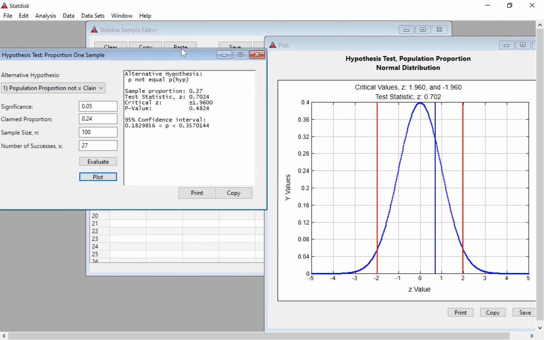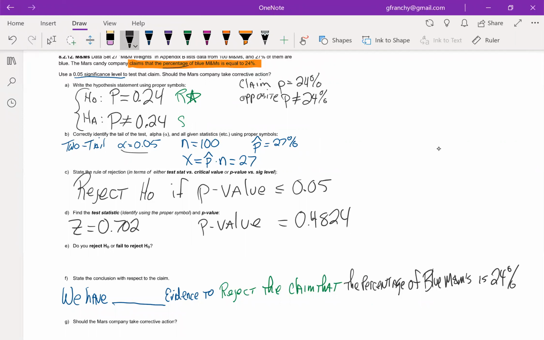And then our p-value here, which again, I'm lining up underneath, place value by place value. So our p-value was a little bit over 48%. This is a fairly likely sample to get if the true proportion was 24%. And 48% is certainly not less than or equal to 5%. So this time we fail to reject the null hypothesis.